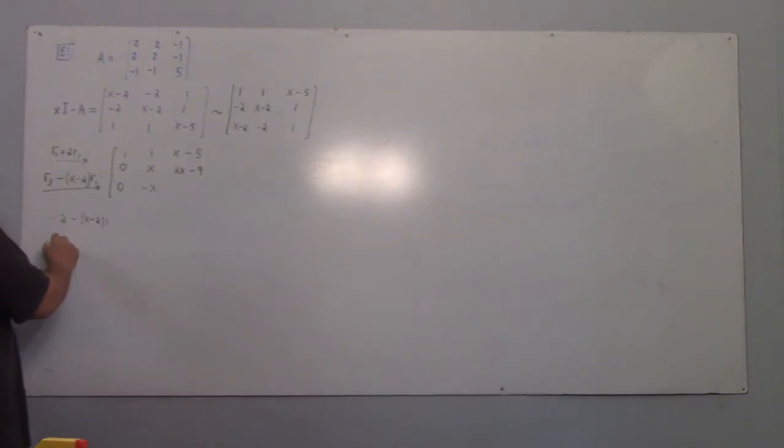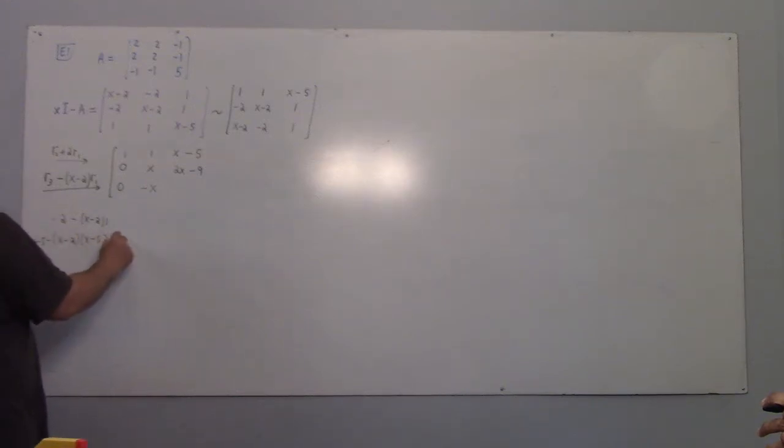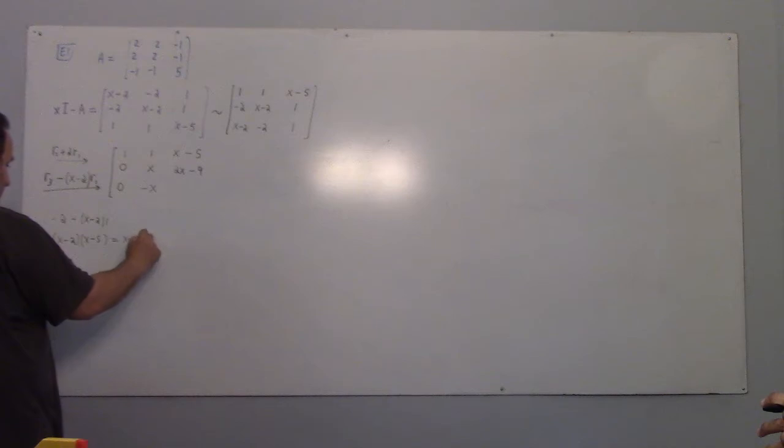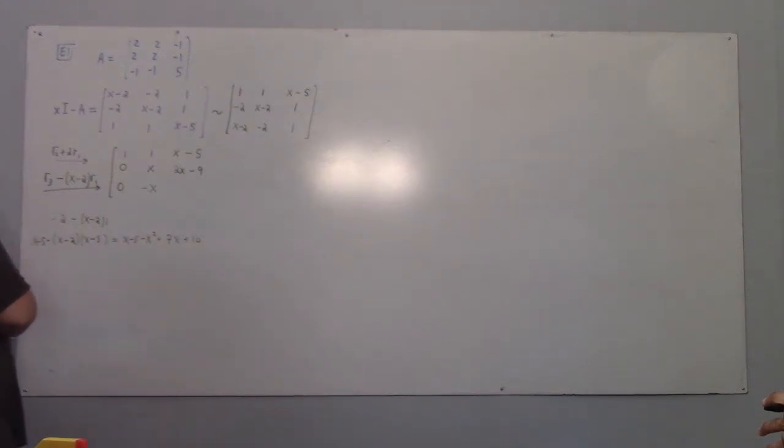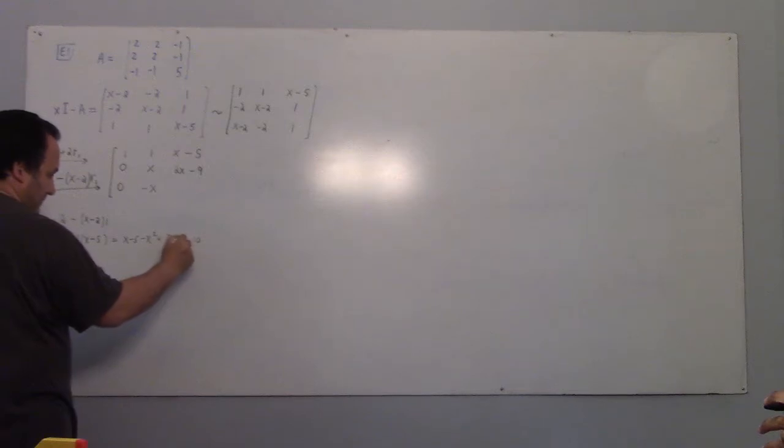So what's x minus 2 times x minus 5? x squared minus 7x plus 10. Then x minus 5 minus that, which is x minus 5 minus x squared plus 7x minus 10.